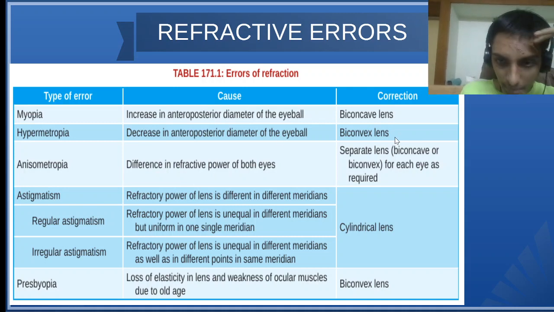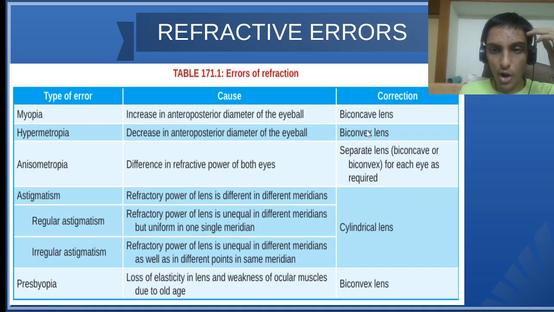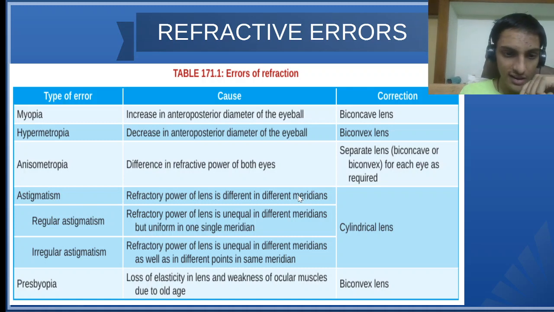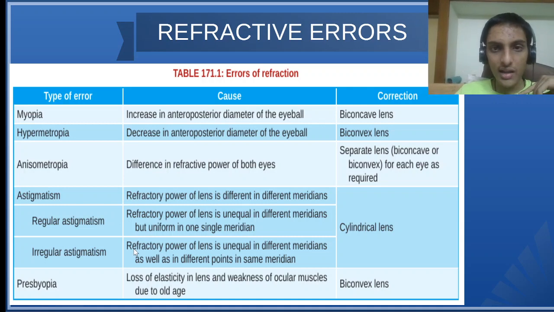So the correction will be either biconcave or biconvex. Astigmatism, the cornea is not of proper shape, or you can say the refractory power of the lens is different in different meridians. With regular and irregular. Regular, it will be a single meridian. Irregular, it will be different points. Correction is the same, cylindrical lens, no change.